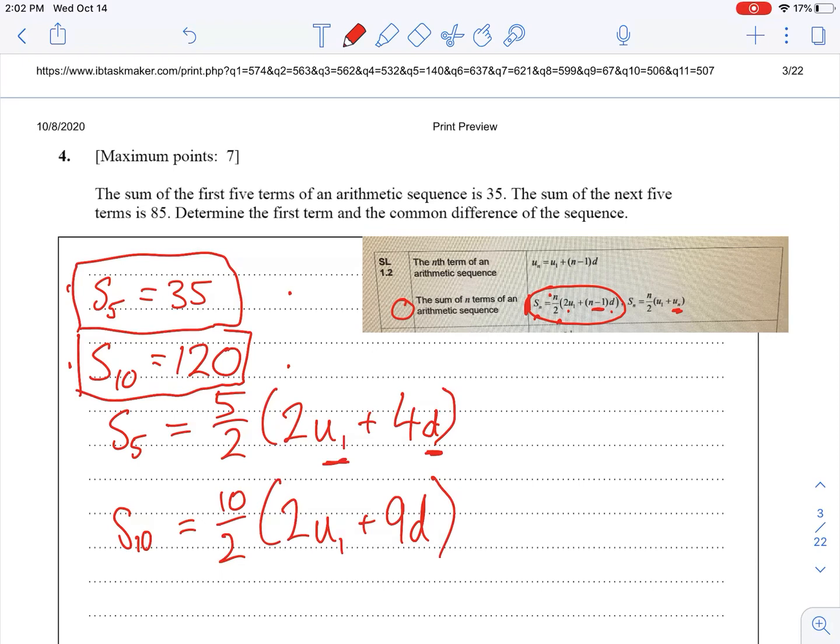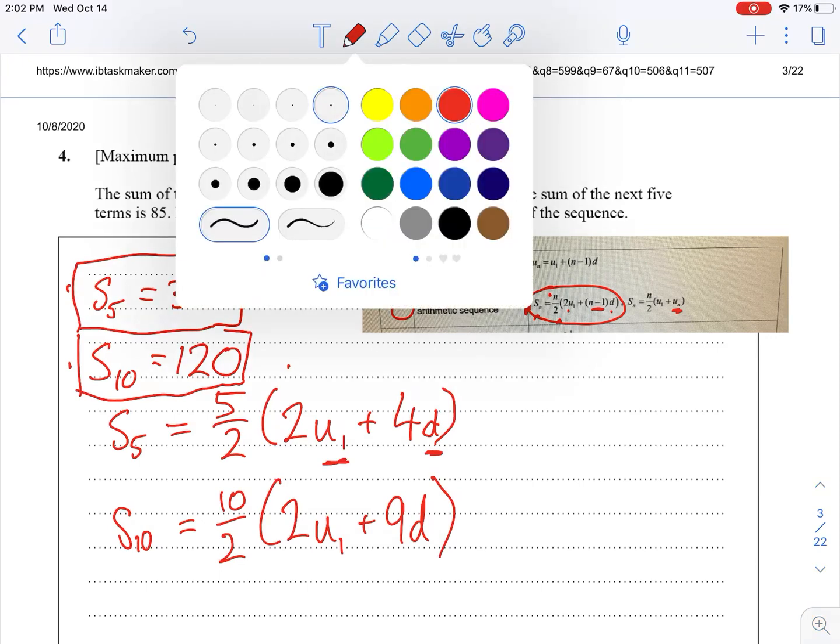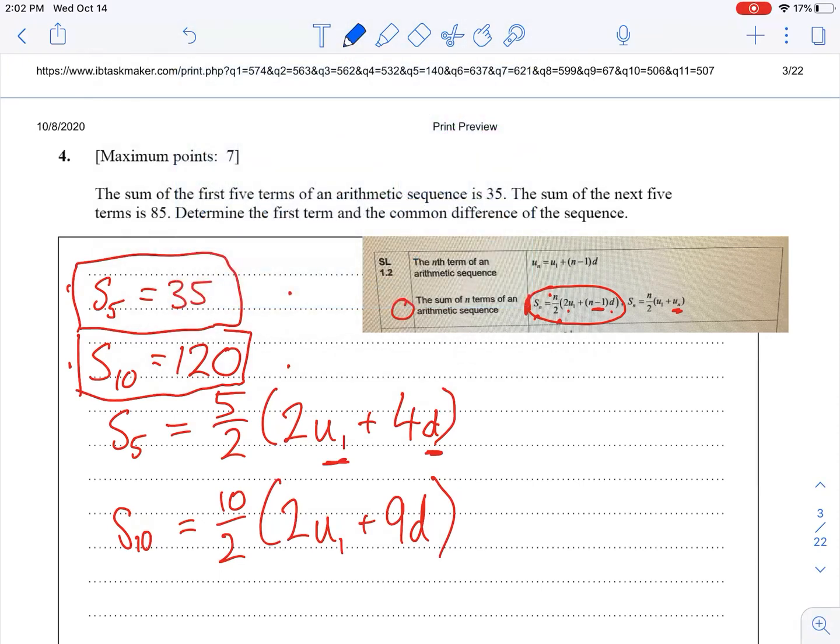Let's just tidy this up a bit. So I'm going to go for 5 over 2 times 2. That is the same as 5. So I've got 5u1 plus 4 divided by 2 is 2, times 5 is 10. And that, the sum of the first 5 terms, equals 35.